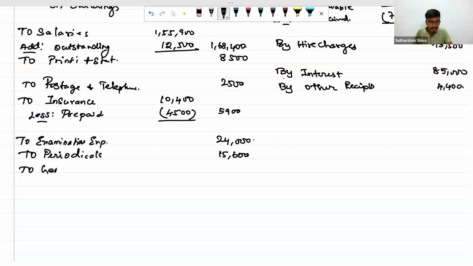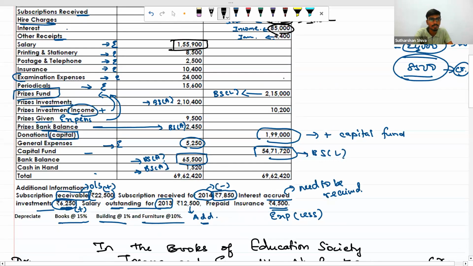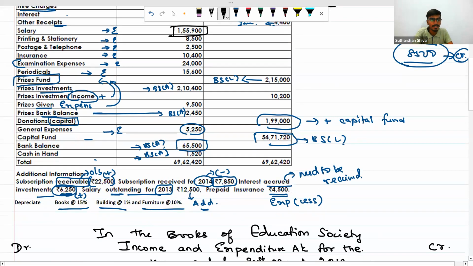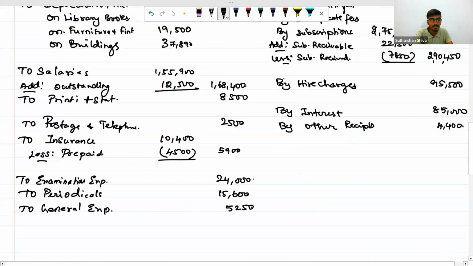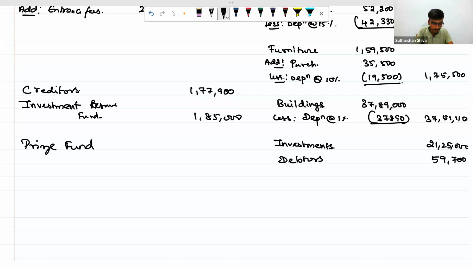Then we are having general expenses, that general expenses is 5,250. Okay, remaining everything we have to write off, correct? Now it comes to prize fund investments. Prize fund we need to do. We will go to the balance sheet and we will write prize fund. What is the prize fund they have given?